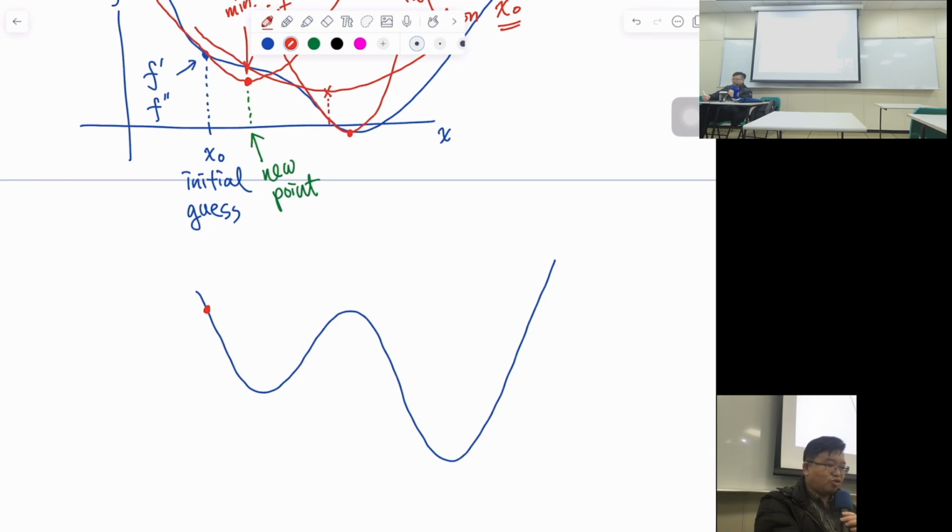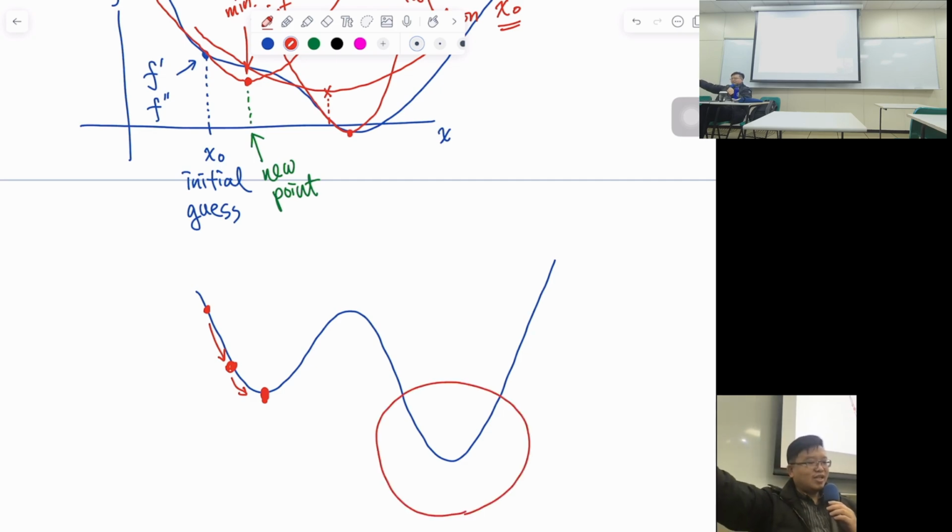For example, this is your initial guess, and you are moving like this, and you find this point using this approach. You have no idea there is an even lower point somewhere far away. You have no idea because you have never been there. By this Newton's method, you are just moving at the local position.